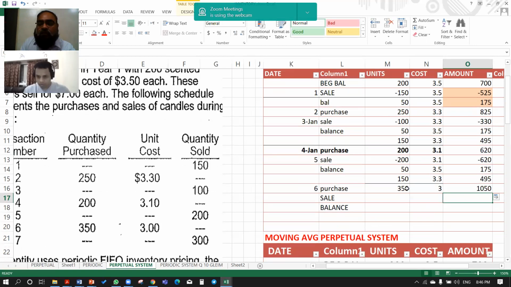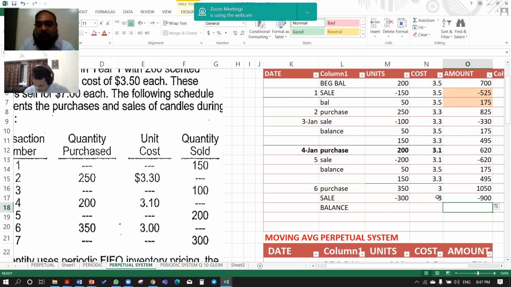For that we have these three lots. What will be the ending inventory value? We are now selling minus 300 out of the last lot, at the rate of 3, so 900.